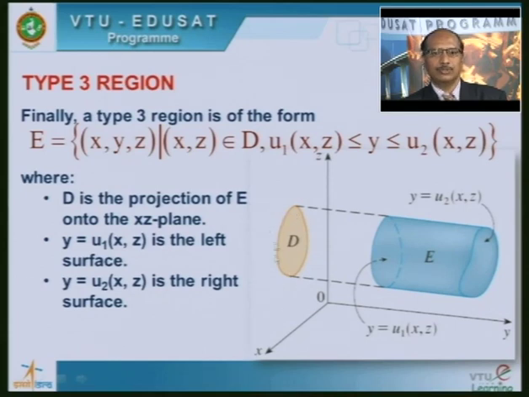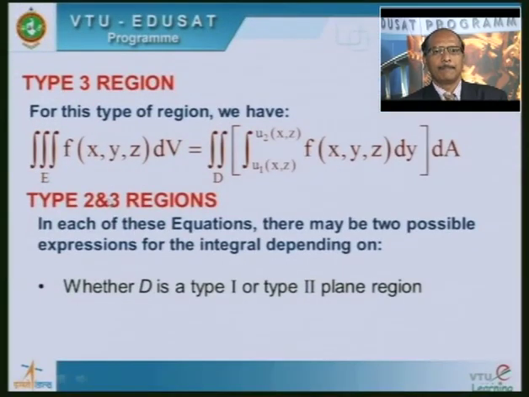Either of those two you consider for evaluating the double integral over the region D. So, finally, the type 3 region is first integrated with respect to y, then with respect to z and x. So, for type 2 and type 3 regions, there may be two possible expressions for the integral depending on D.